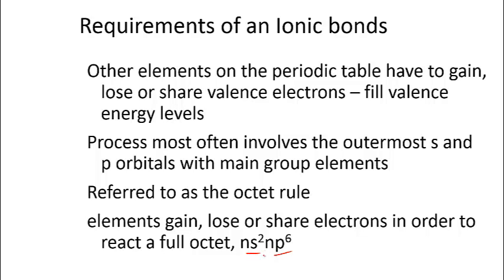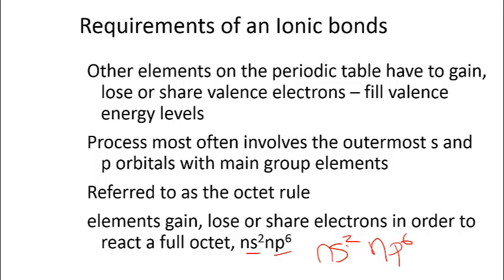So the general form that elements are attempting to gain is, they want their outer valence electrons to be in the form, this is just for the main group elements, ns2 np6.